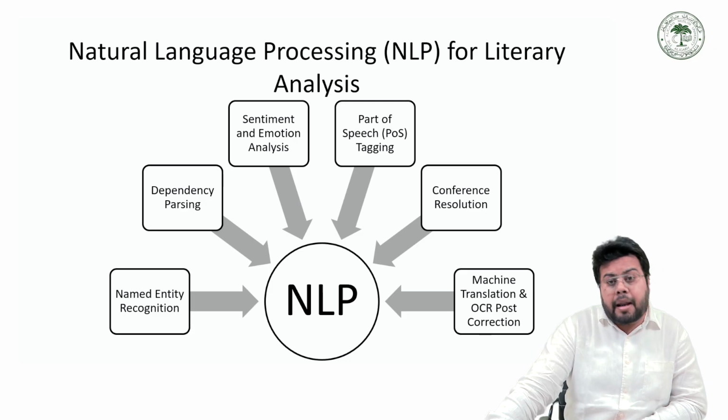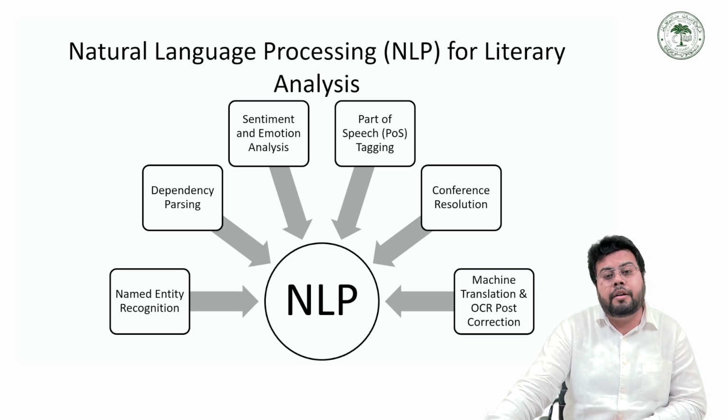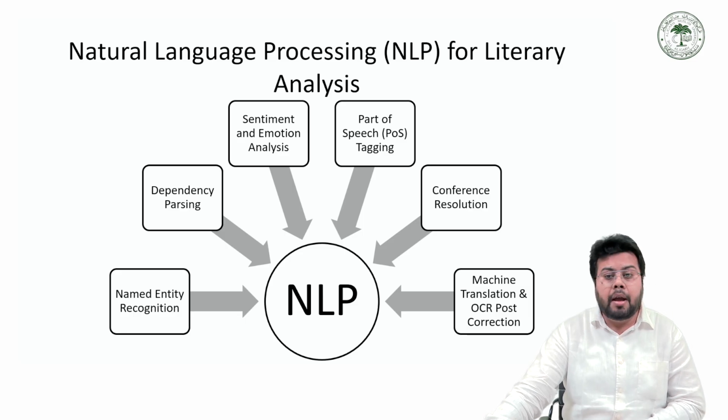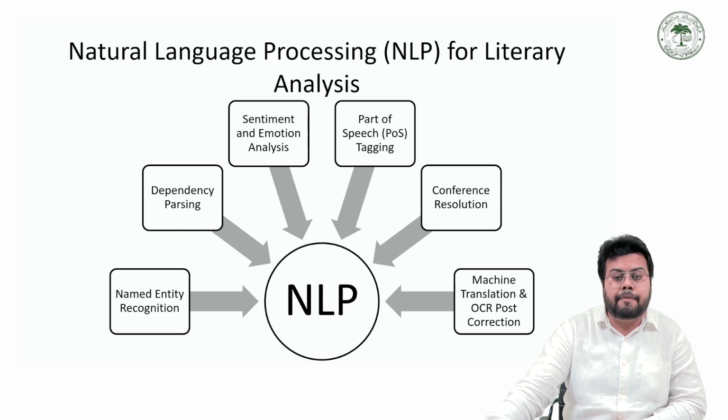It enables character extraction, geographical mapping, and timeline analysis. Then another NLP technique is dependency parsing. Dependency parsing maps grammatical relationships between words, reveals syntactic complexity, and sentence structure patterns across texts or periods.